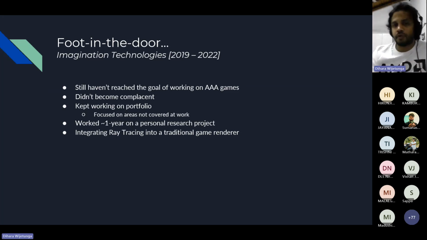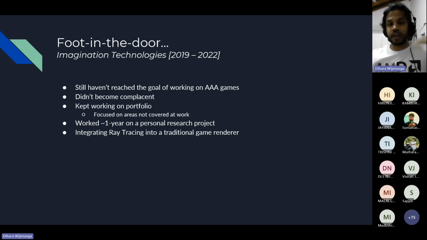As I said before, ray tracing is a way to have more realistic graphics than traditional game graphics. It's the way that films have been rendered, films like Avatar 2 or the recent Disney Pixar movies. Those are all done using ray tracing. So that's a very realistic technique, but it's very expensive. Since NVIDIA's RTX GPUs came out, that has been possible in real time for games, but it's very expensive to do.